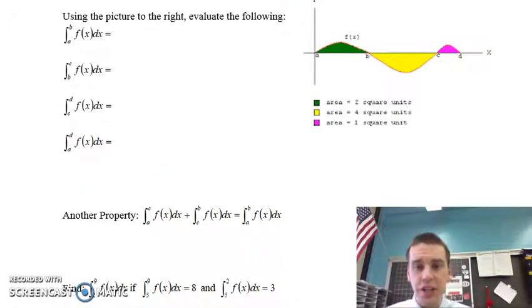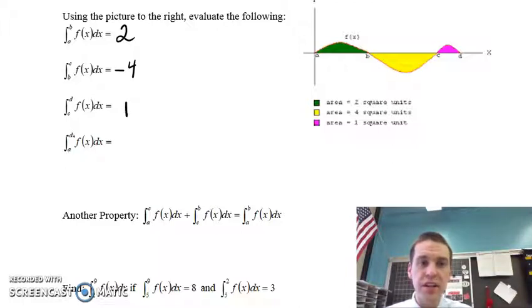Look at the next page. We have this picture here, and you'll notice it's color-coded. We have a green, which is positive area, this yellow, which is negative area, and this purple or pink, which is positive area. So the area from A to B is 2. The area from B to C is -4, because we are below the x-axis. The area from C to D is 1.